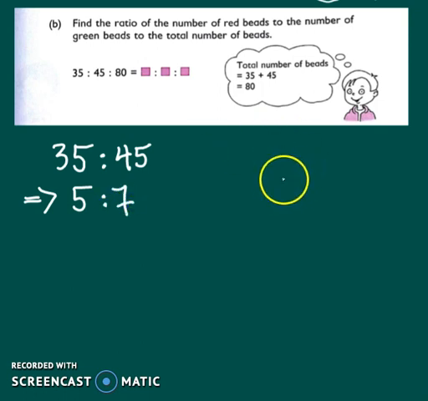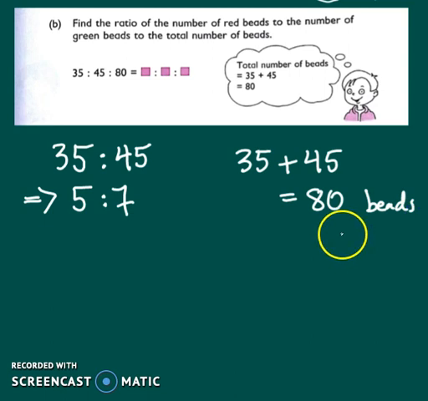But now we also have to include the total number of beads. So first we have to find out how many beads there are in total. And as you see here, we do that by adding all of them together, all the red beads to the green beads. So 35 plus 45 is how we get 80 beads in total.